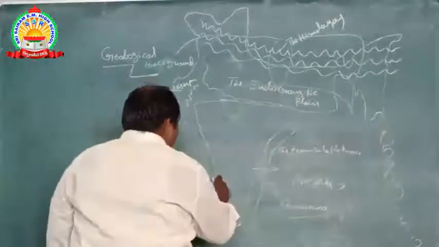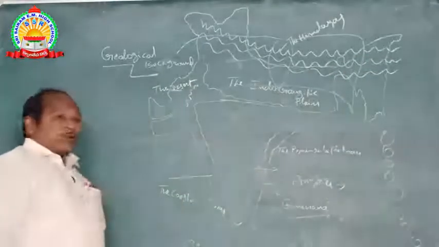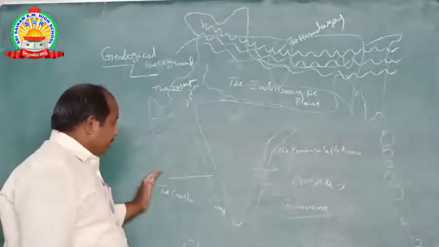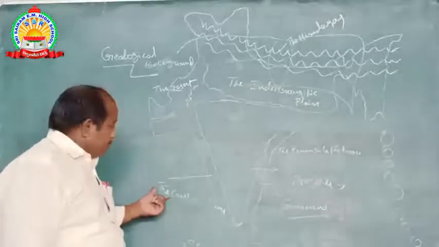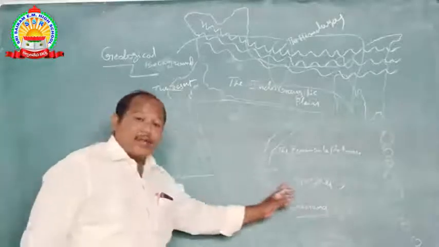Next, how the coastal plains were formed. Here the Arabian Sea is there, and here the Bay of Bengal.